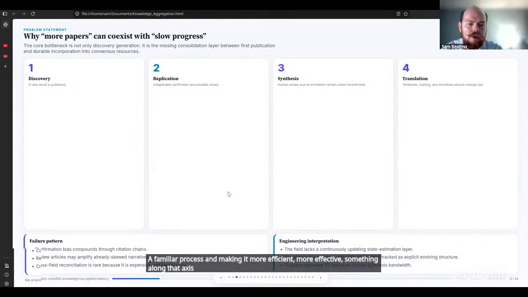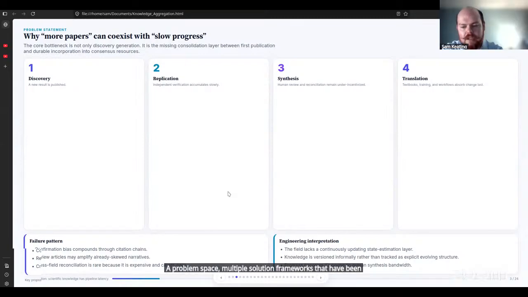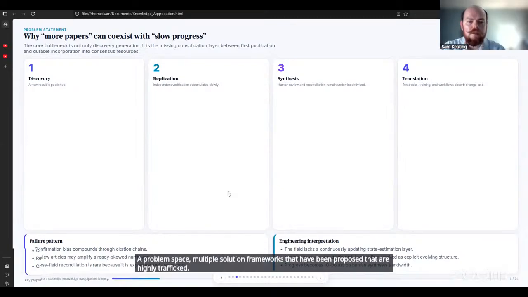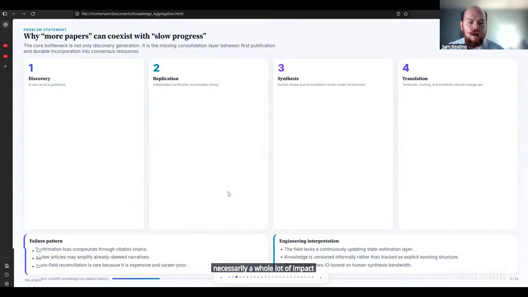So in conventional computer science, you might have a framework that already exists, a problem space, multiple solution frameworks that have been proposed that are highly trafficked, but really not necessarily a whole lot of impact from what gets addressed in that problem space. Even the solution frameworks get fairly familiar awfully quick.